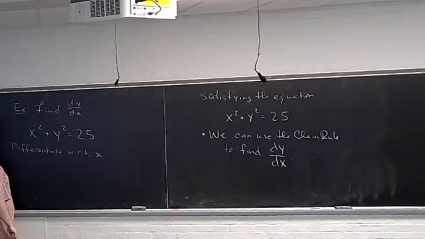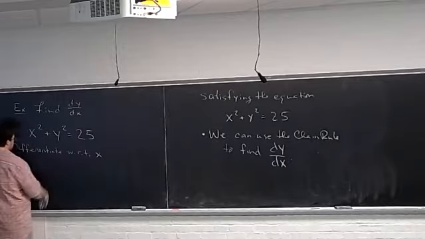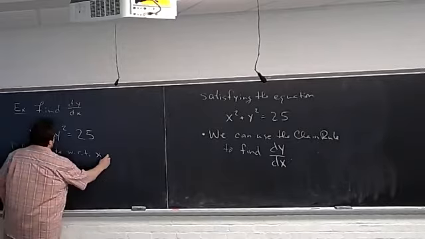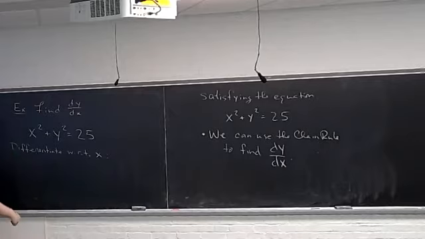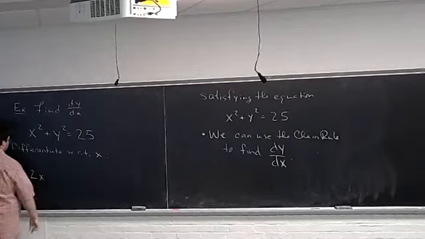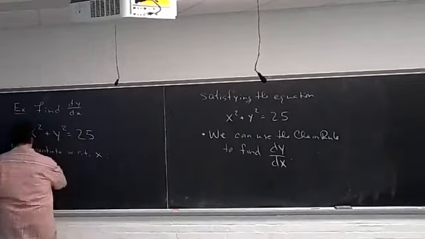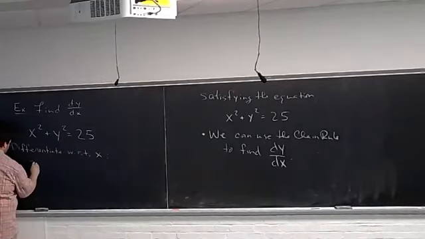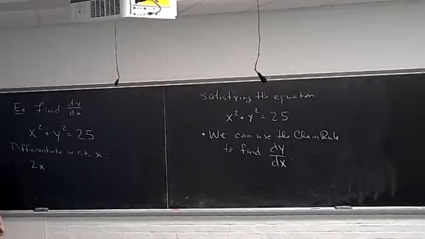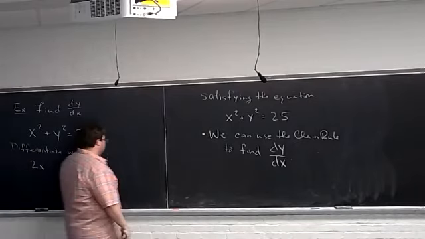With respect to shows up a few times in calculus, so we can abbreviate WRT. That's a standard abbreviation in math too. Differentiate with respect to x. What do we get? Well, derivative of x squared with respect to x is 2x.